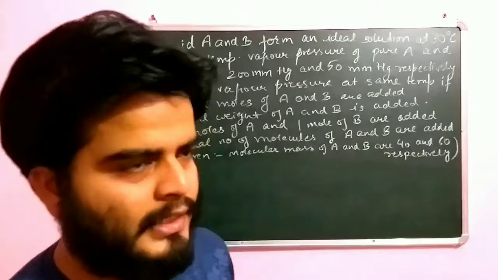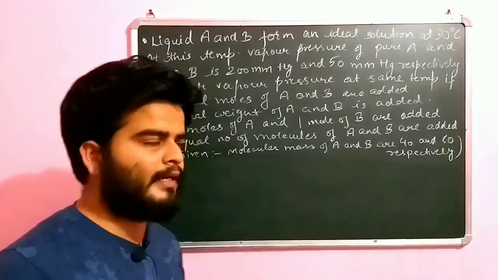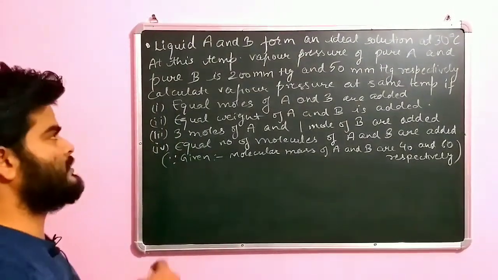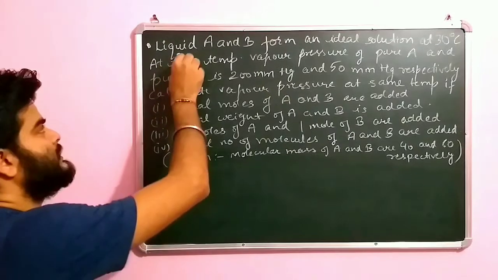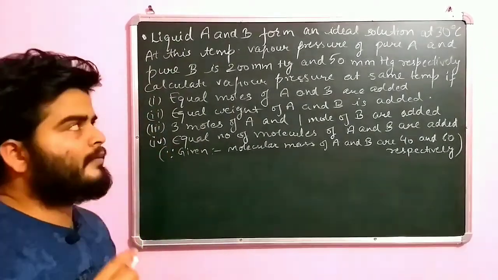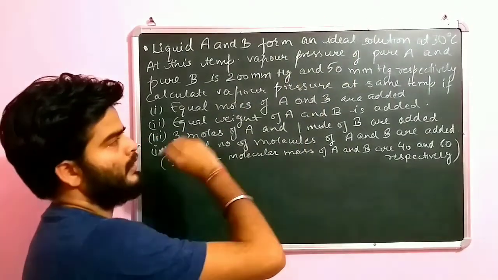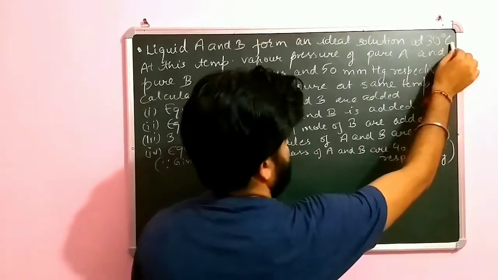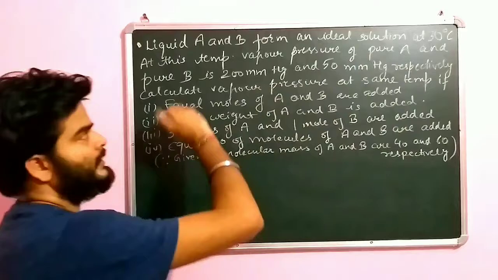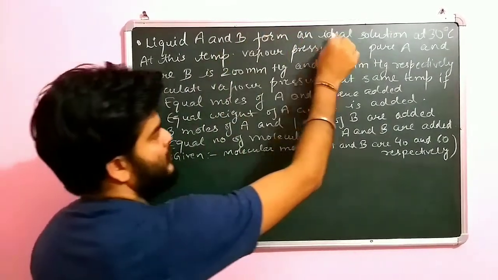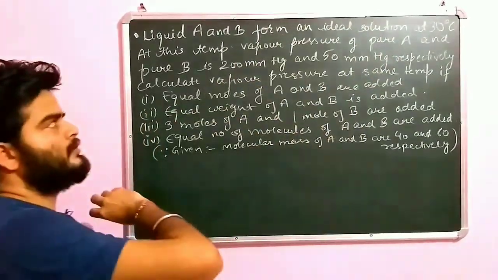Now we will start this numerical by reading the statement first. The statement says liquid A and B form an ideal solution at which temperature? At 30 degree C. A and B कैसा solution form कर रहे हैं? Ideal solution.